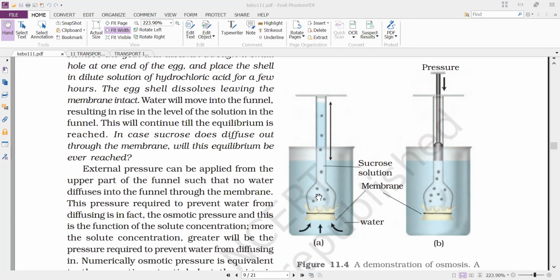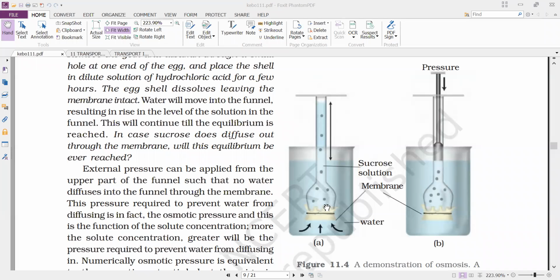This experiment is similar to that of a potato osmometer, where the potato is acting as a semipermeable membrane.